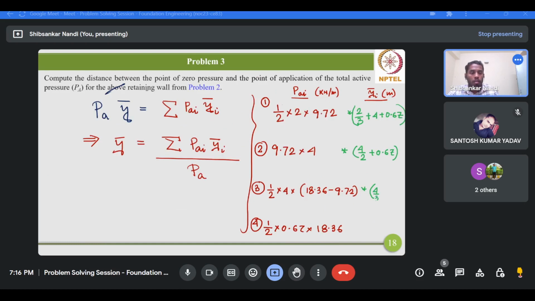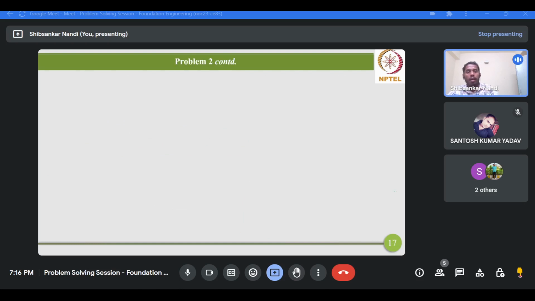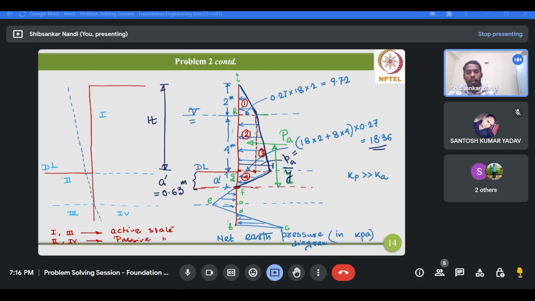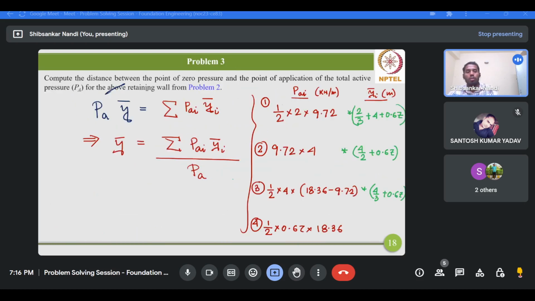And finally for the lower triangle, that is triangle 4, it will be from the apex of this triangle. So 2a prime by 3, that is 2 into 0.67 by 3.